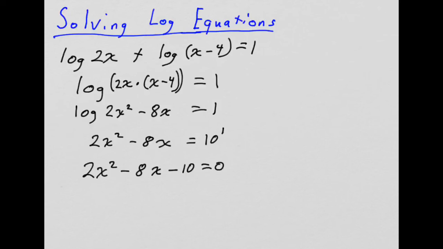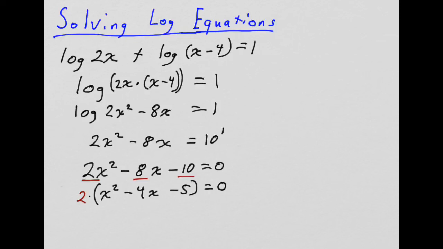And if you look at this, all of these numbers are divisible by 2. So we're going to factor out a 2. And this is where math gets into a little kind of magicalness here. We have x squared minus 4x minus 5, all of that times 2 equals 0.